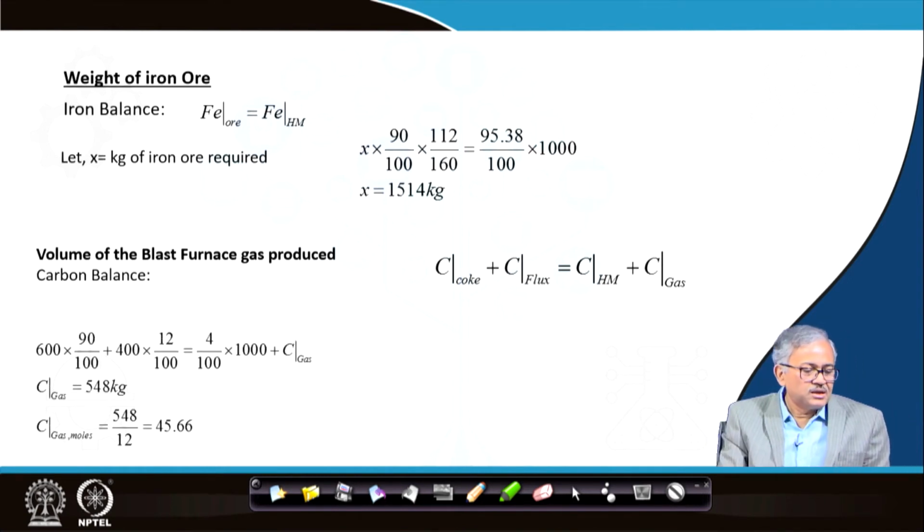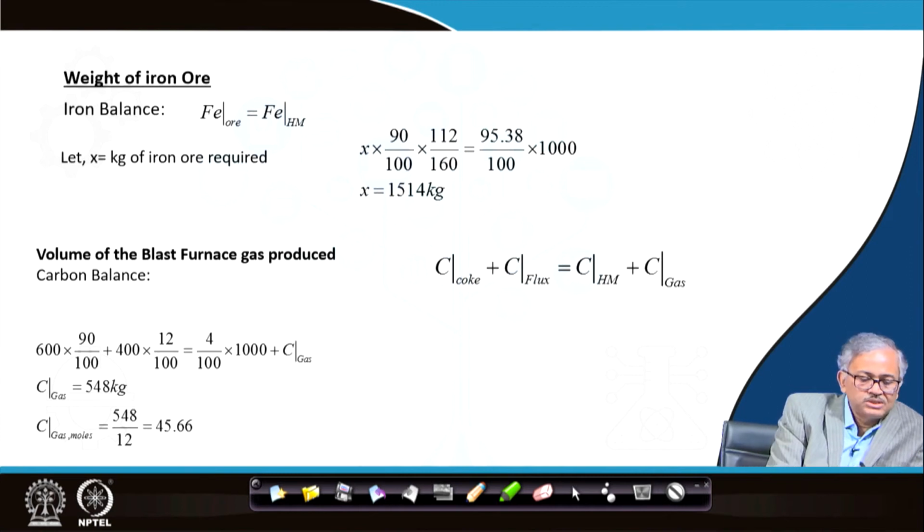So, next is this carbon balance. What is the coke carbon? Your coke rate is 600 and coke contains 90% carbon. So, this is the carbon coming through the coke. Then the carbon coming through the limestone is simple like this, because in the limestone, out of 100 you have 12 kg of carbon, and you are charging at a rate of 400 kg per ton hot metal.